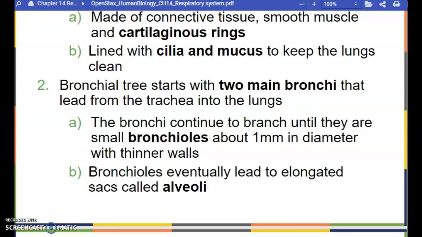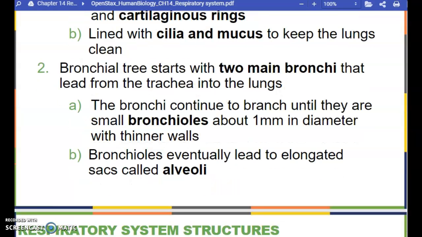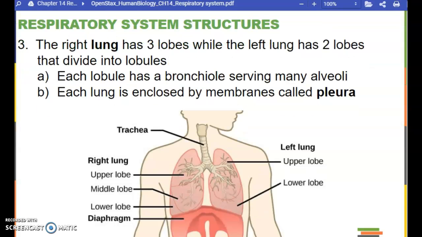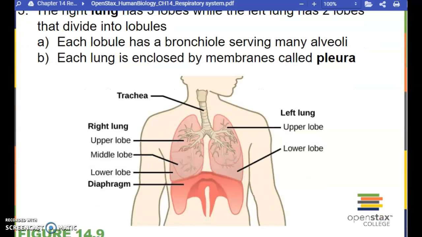We already talked about how the bronchial tree starts with two main bronchi that break down into smaller and smaller components called bronchioles, and eventually all the way down into alveoli, those tiny little air sacs in our lungs, and that's where diffusion occurs. The right lung has three lobes, the left lung has only two.